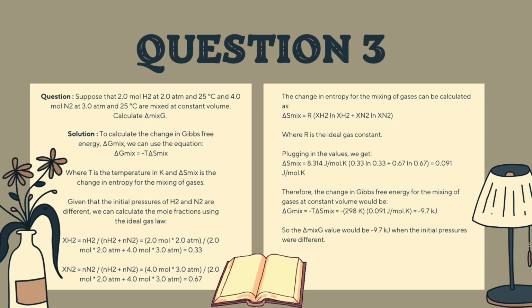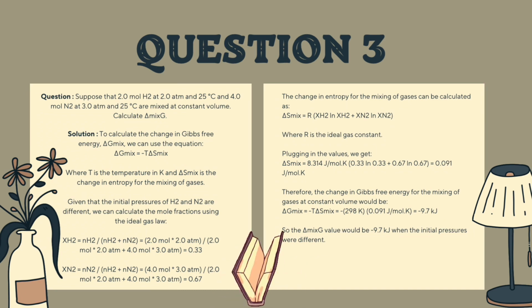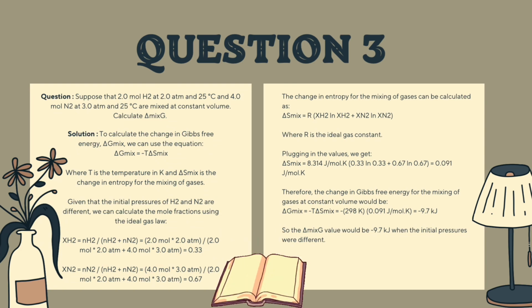The change in entropy for the mixing of gases can be calculated as the equation shown below, where R is the ideal gas constant, which is 8.314 joule over mole Kelvin. Plugging in the values, we get that the change in entropy for the mixing of gases is 0.091 joule over mole Kelvin.